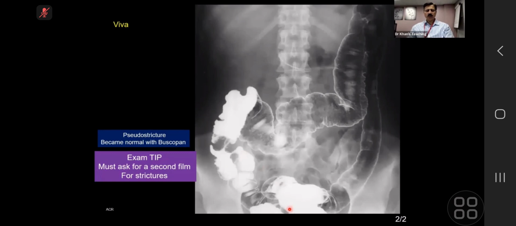Whenever you see a stricture, it might be because of technical reasons. The loop might be collapsed at that particular point, and this is something they check in the exam. You can tackle it in two ways. You can say that you want to check it in a subsequent film, or you can be more diplomatic and simply say that you assume this was persistent in subsequent films.